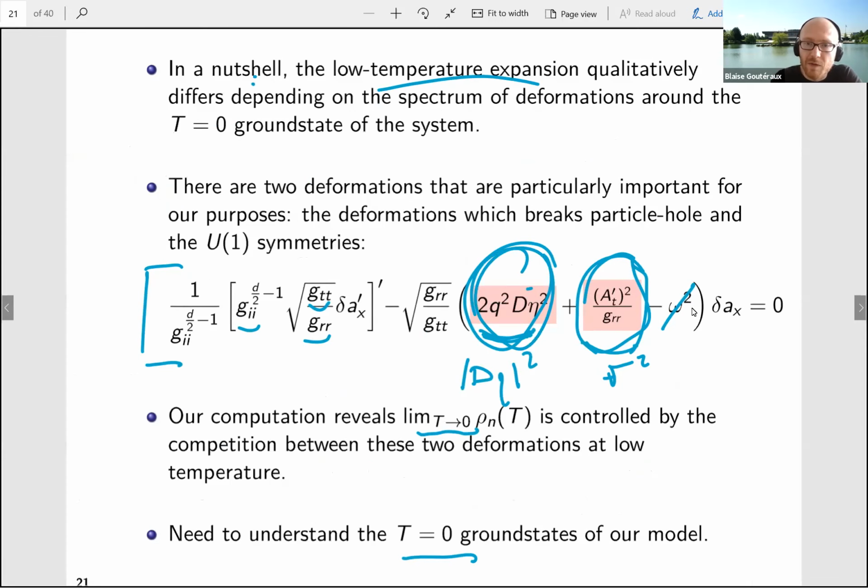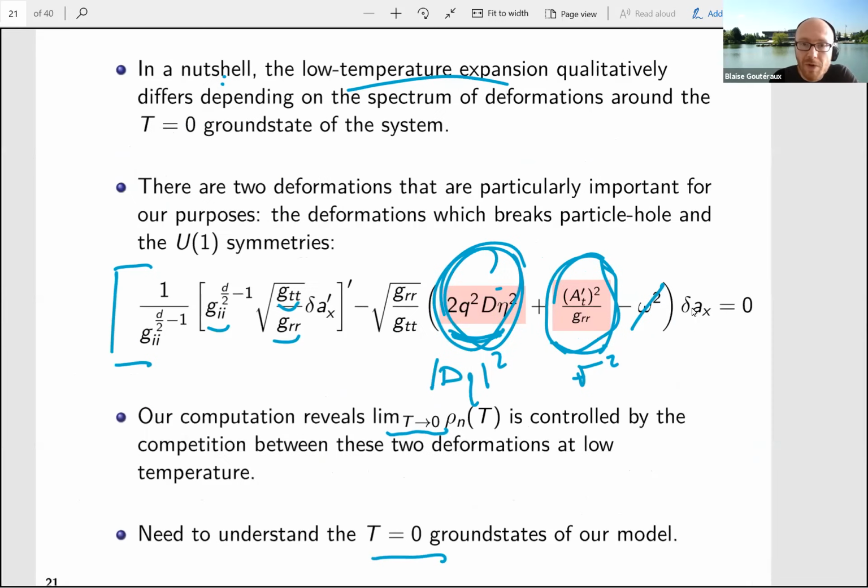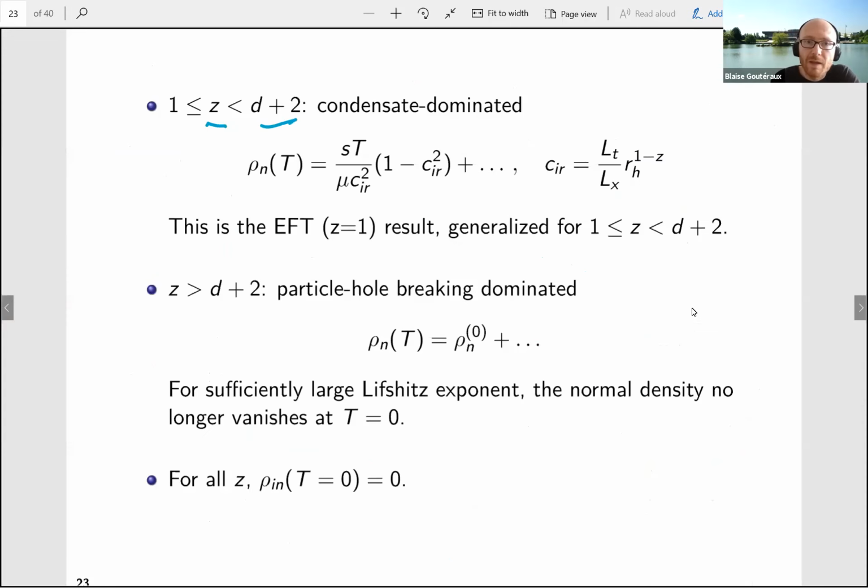This one is the condensate deformation. This is the more important one. And when you go through the calculation, you find this result holographically, which exactly matches the EFT result that we saw earlier. In that case, it held for z equal 1. But now we find that it also holds away from z equal 1, for values of z that are low enough.